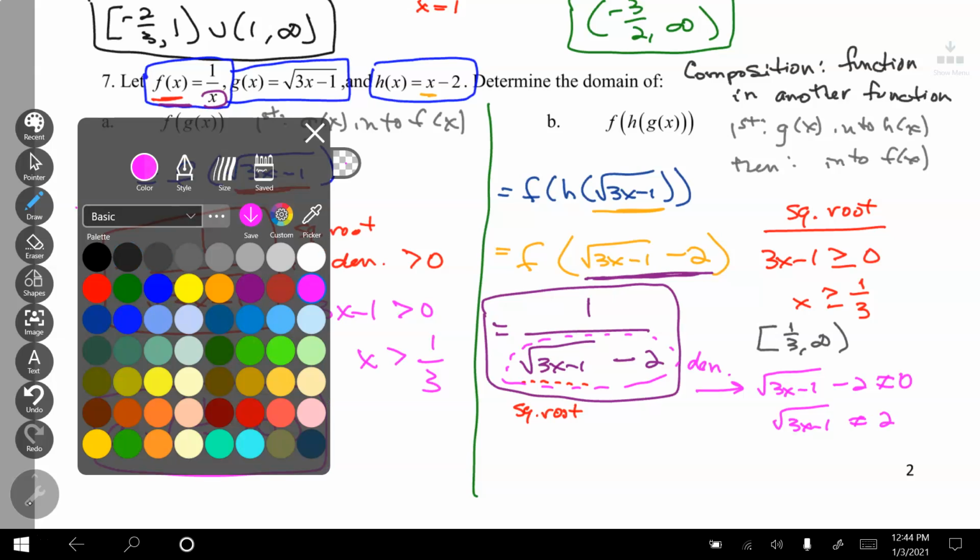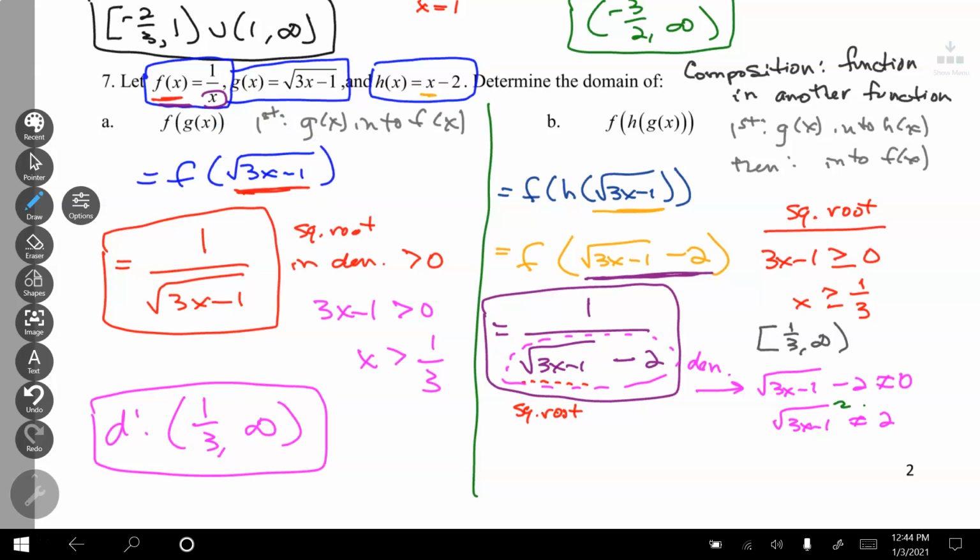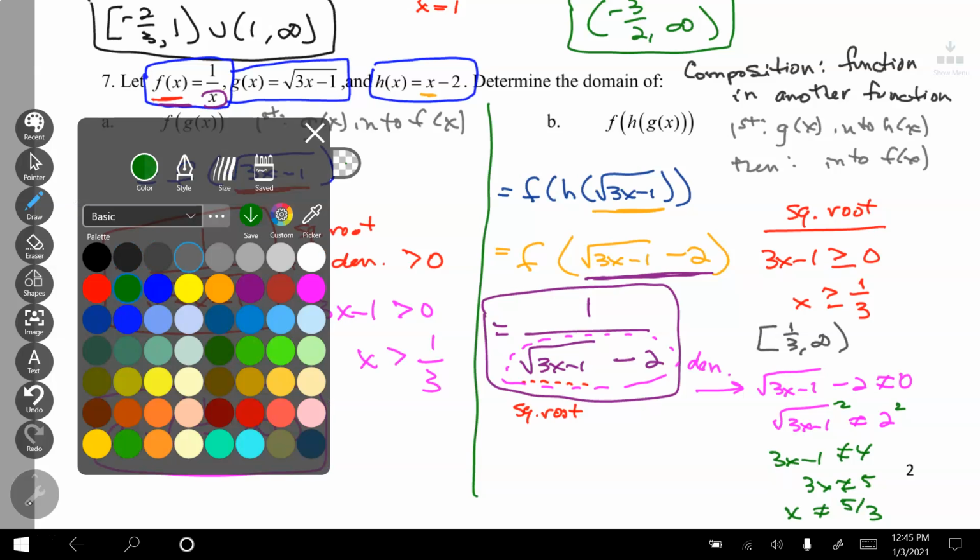And to get rid of the square root, I have to square it. So I have 3x minus 1 cannot equal 4. I'm going to add 1. 3x cannot equal 5. And then I finally have x cannot equal 5/3.